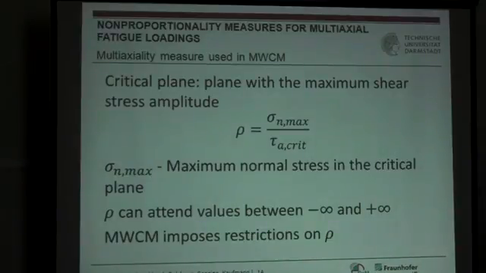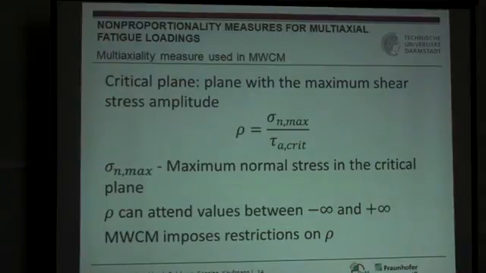Okay. And the other one is not exactly a non-proportionality measure, it's called the multiaxiality measure, which is also critical plane based. The critical plane is also the one with the maximum shear stress amplitude, and the measure is defined as the highest normal stress occurring in the critical plane divided by the shear stress amplitude occurring in the critical plane.